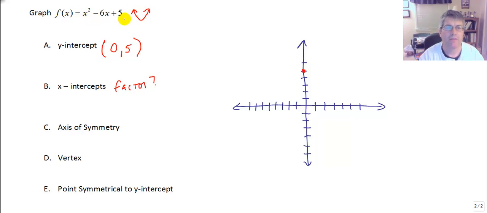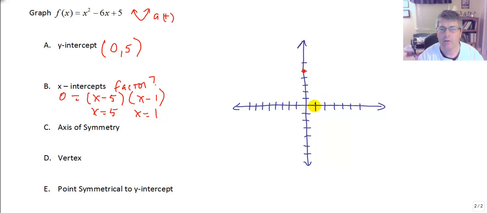I'm making a note here that my parabola opens up also because a is positive. Can we factor that? 0 equals, would that be x minus 5 times x minus 1? And it would. Using our zero product property, I get x equals 5 and x equals 1.